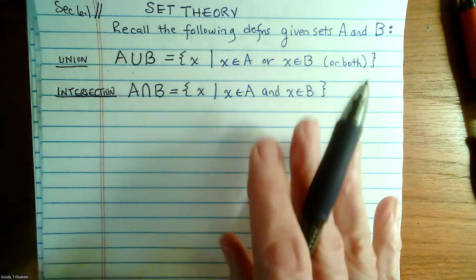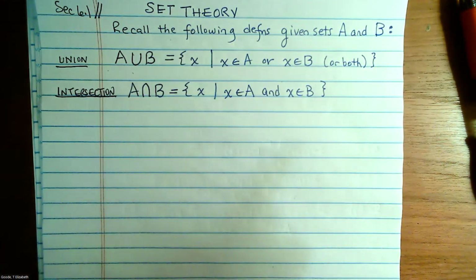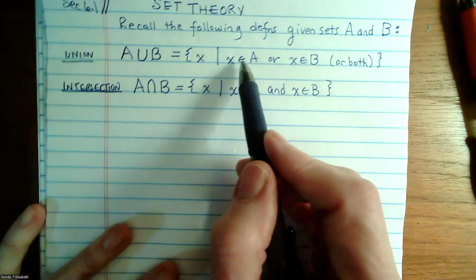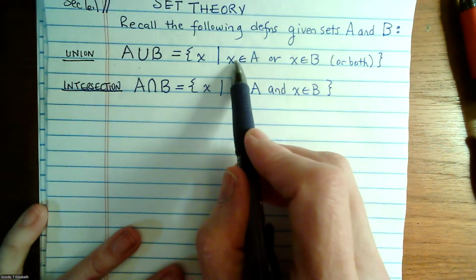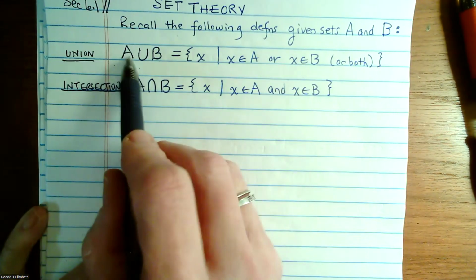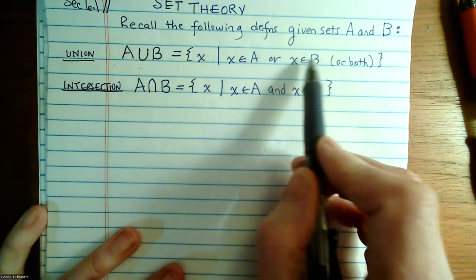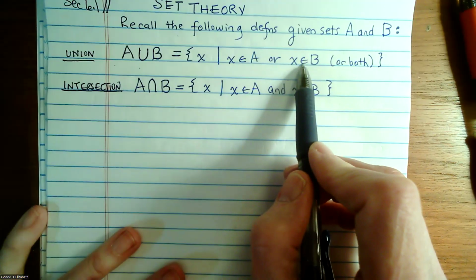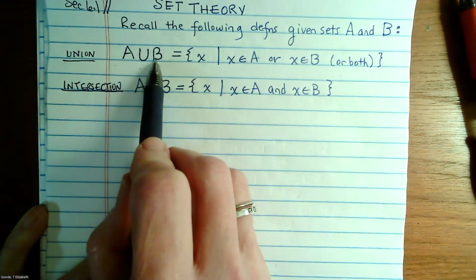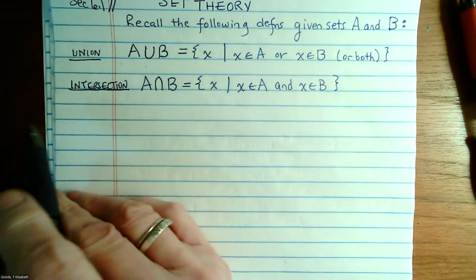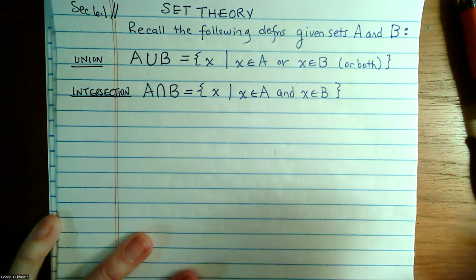The domain is some universal set that we haven't specified. But we would negate using De Morgan's laws an OR statement to get an AND statement with X not an element of A and X not an element of B if we wanted to analyze what it means for X to not be in A union B.